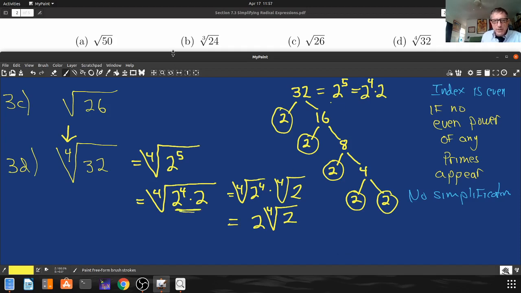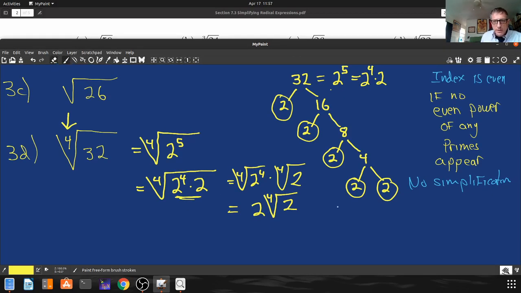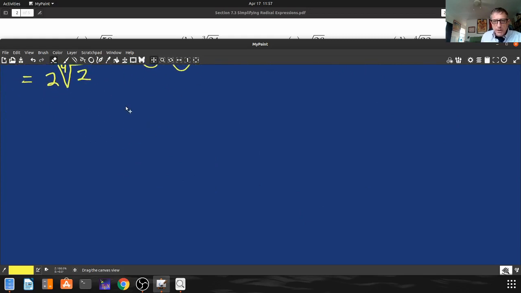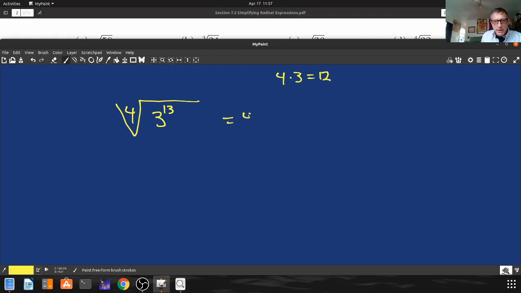If, for example, it were instead, it'll be worth looking at this. Suppose I wanted to look at the 4th root of 3 to the 13th. Well, notice that 4 times 3 is equal to 12. So I would transform this into the 4th root of 3 to the 12th times 3.